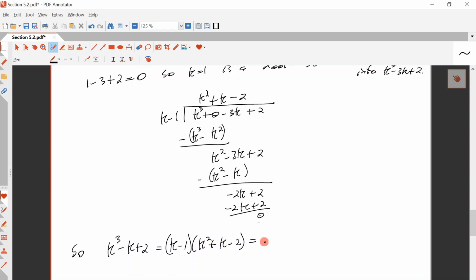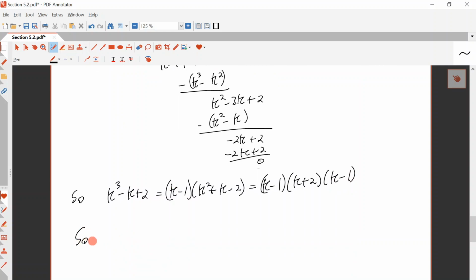Now this one, hopefully you can factor it, or you can find the roots using the quadratic equation. But anyway, this one is k plus 2 times k minus 1. Alright, so the eigenvalues of A are 1, minus 1, and minus 2.